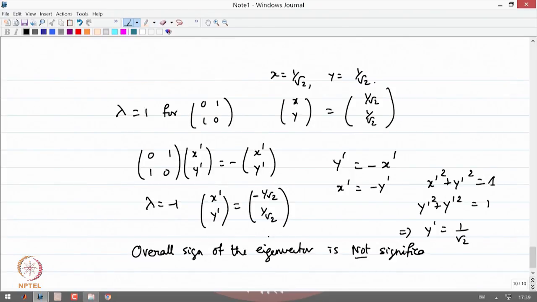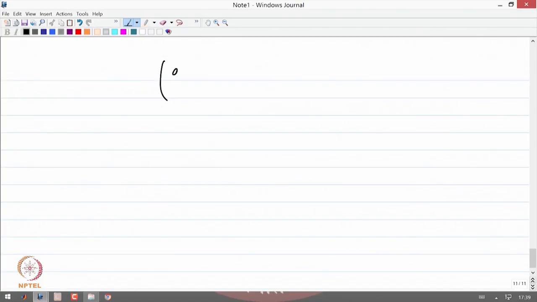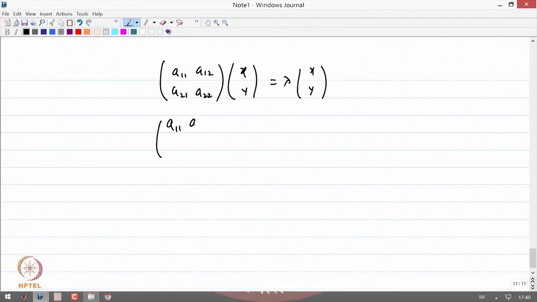We do not need to worry about that. That is, if you write a11, a12, a21, a22 times (x, y) equal to lambda times (x, y), then this equation is the same as the other equation with minus x, minus y equal to lambda times minus x, minus y.